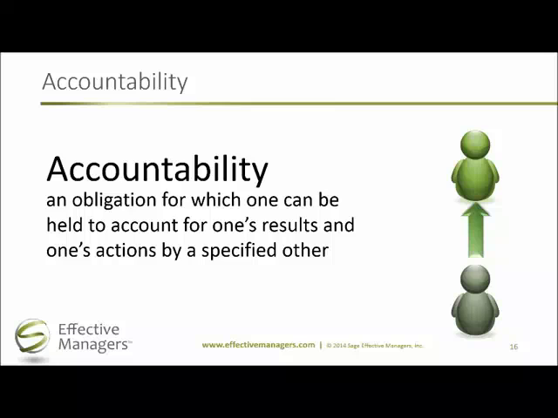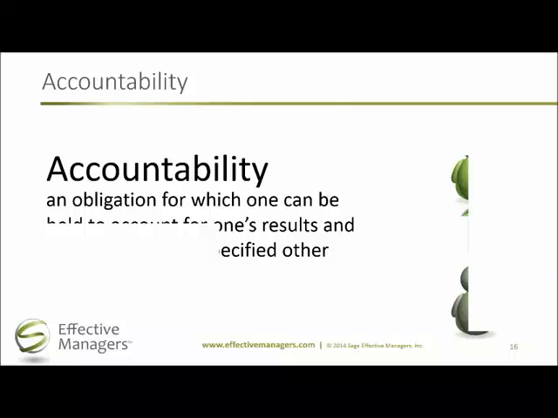And the third is the concept of a specified other, that accountability is not internal. Accountability is driven by the fact that one must report to an external other. As an aside, an internally held belief would be a responsibility. So I might hold myself responsible for something, but I am accountable to another for output.